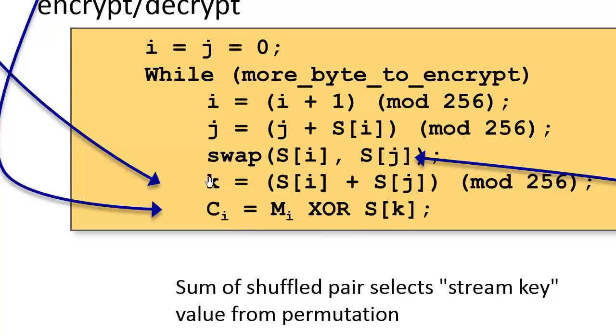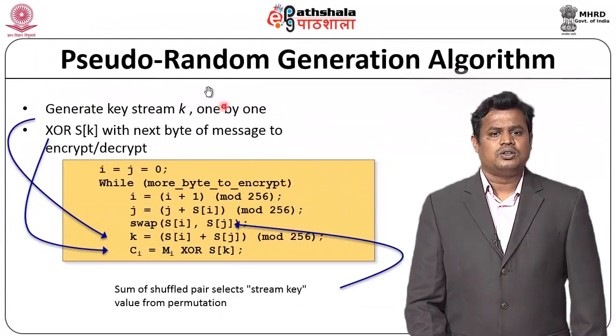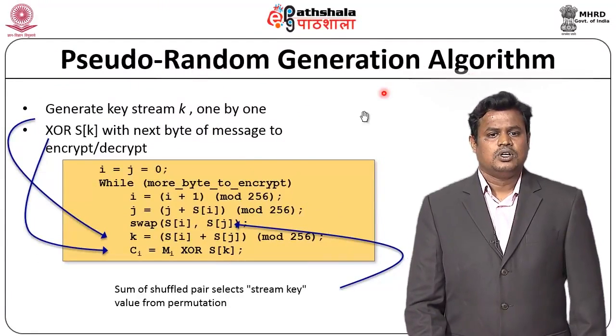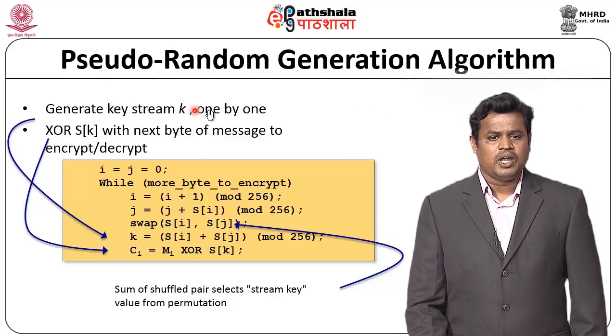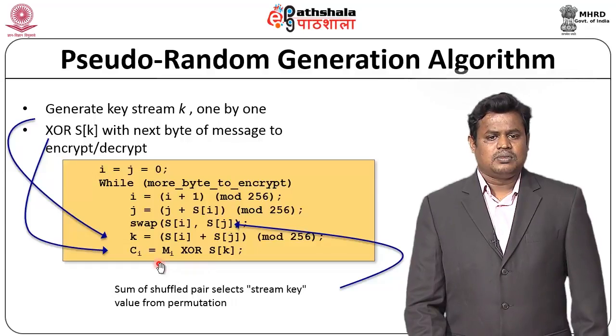For that we need to get this particular key. It is done with the help of the pseudo random generator algorithm. Using it I get the key stream one by one, and it converts the plain text to the ciphertext.